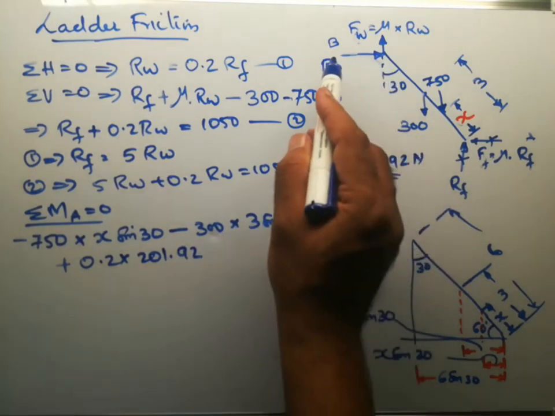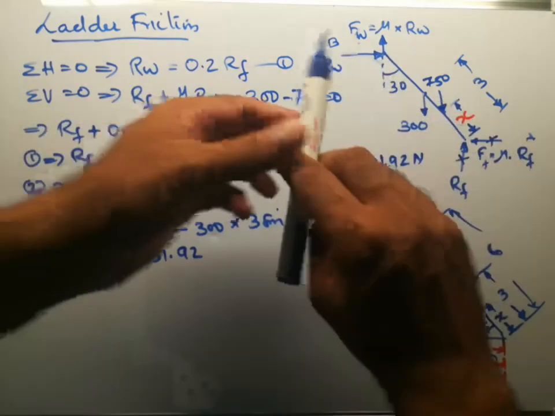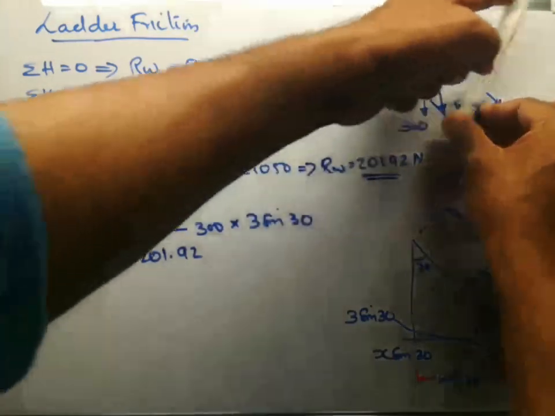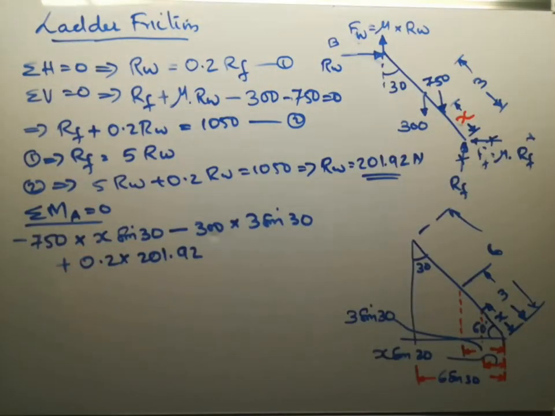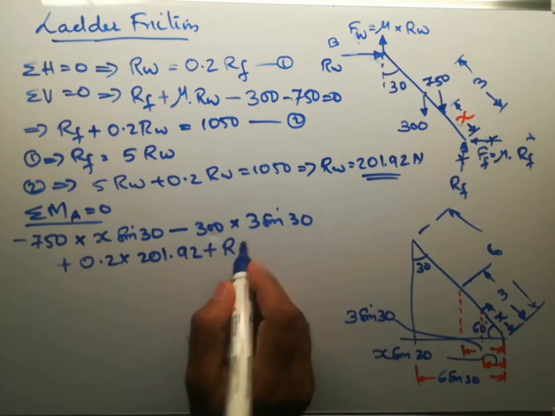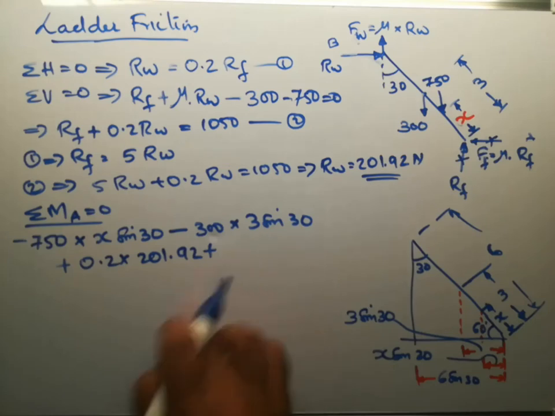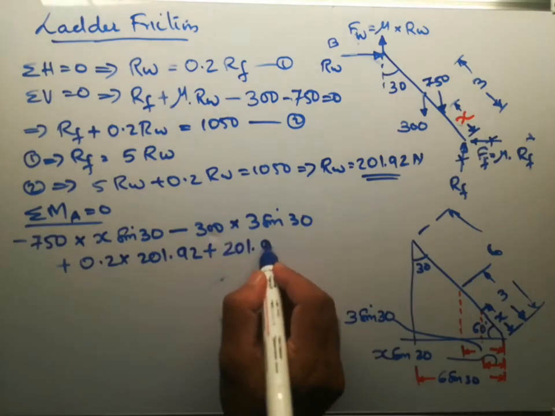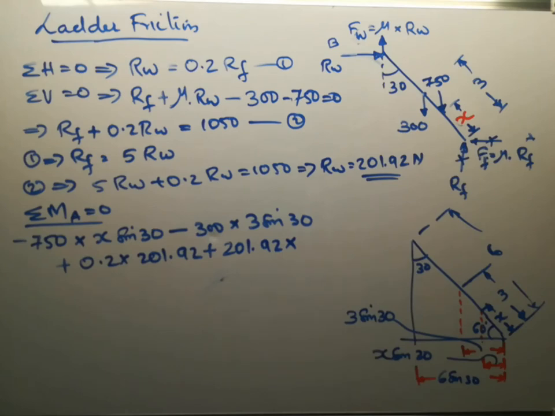Next, the last force which is creating moment is Rw, which will also be making a clockwise moment. So it will also be plus Rw, Rw is 201.92, into the perpendicular distance between the point and line of action, which will be this vertical distance.